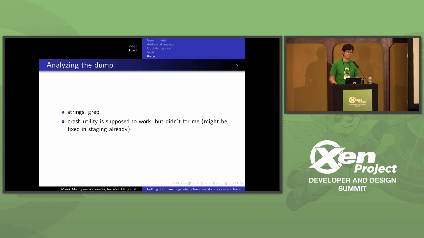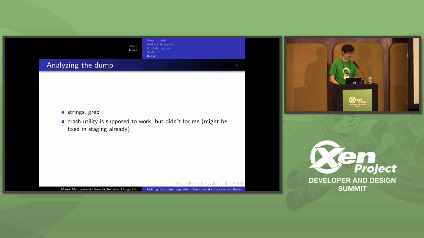It crashed or failed to recognize the file format or something like that. But I've seen some related commits in April, I think, in staging. So maybe it's fixed already. I don't know, I would need to recheck. If that would work, it's much more convenient than strings and grep.